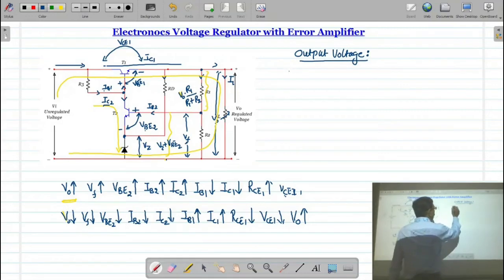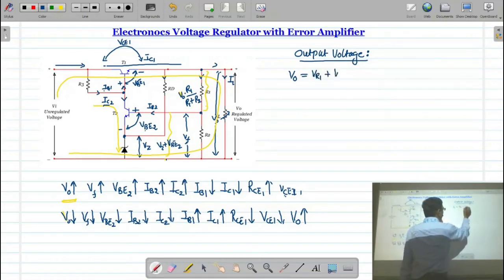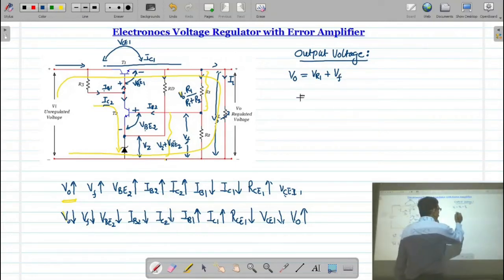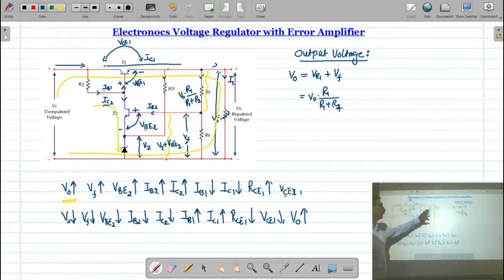So here we write this expression that VO is equal to the voltage across R1, meaning VR1, plus the feedback voltage Vf. What is the voltage across R1? That is VO into R1 divided by R1 plus R2, because due to this potential divider rule, you can write in this way.